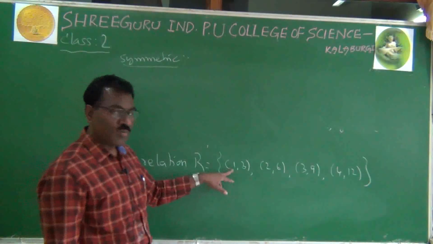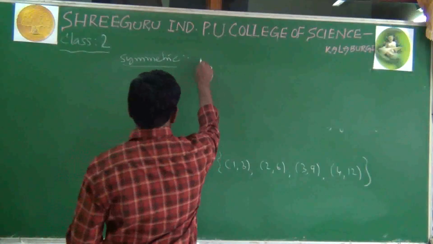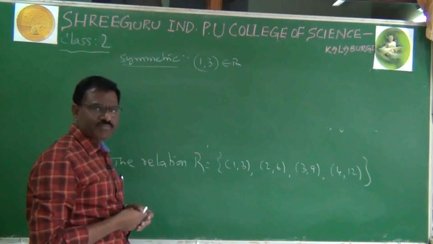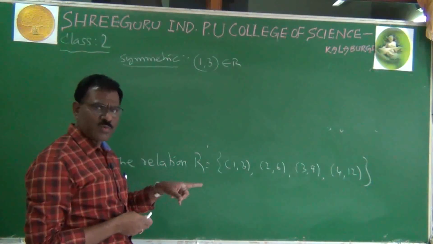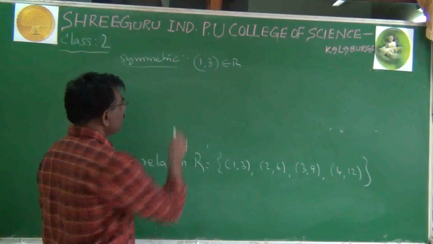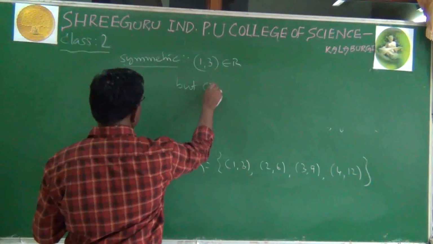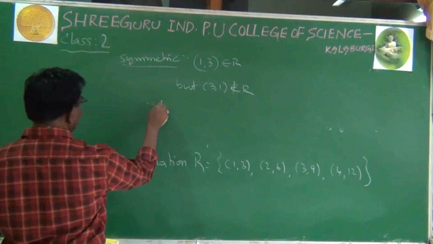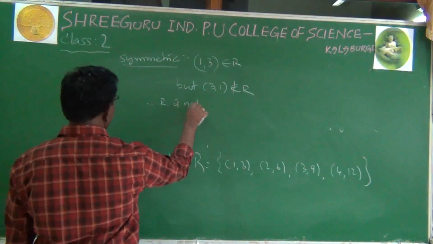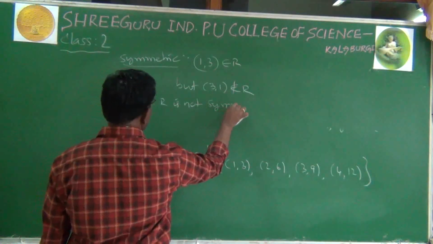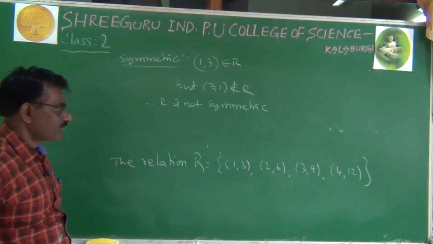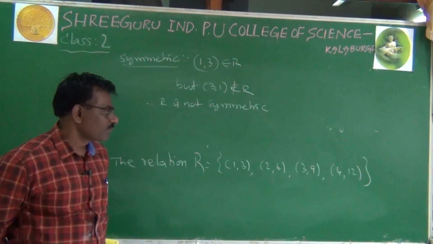Now you take 1 comma 3. 1 comma 3 belongs to R. Some ordered pairs reversed are also possible, but here I am taking 1 comma 3. But 3 comma 1 does not belong to R. Therefore, R is not symmetric.